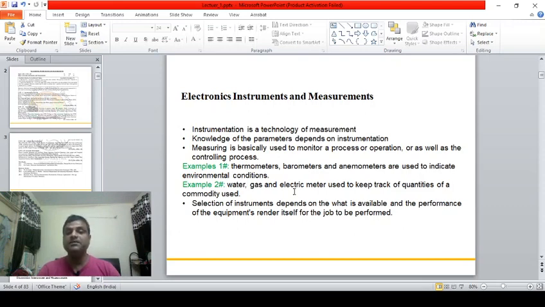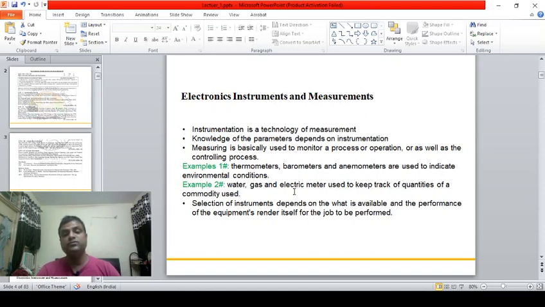It means a thermometer is also used for environmental condition, but the design depends upon the application. For the measurement of the fever of a particular person we see one type of thermometer, and for the measurement of environmental condition we see a different type of thermometer, but the basic process is the same in all the cases. Similarly, in our daily life, we have seen the water meter, gas meter, electric meter. What are they basically used for?